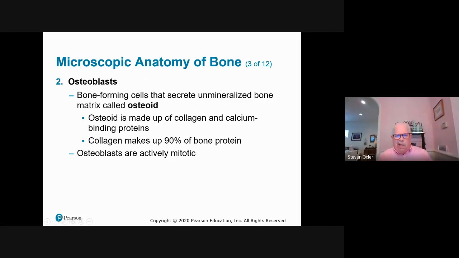Osteoid is basically collagen and calcium binding proteins. The majority of osteoid is collagen. Since they build bone, they actively divide. So osteoblasts are very active because they're building bone.